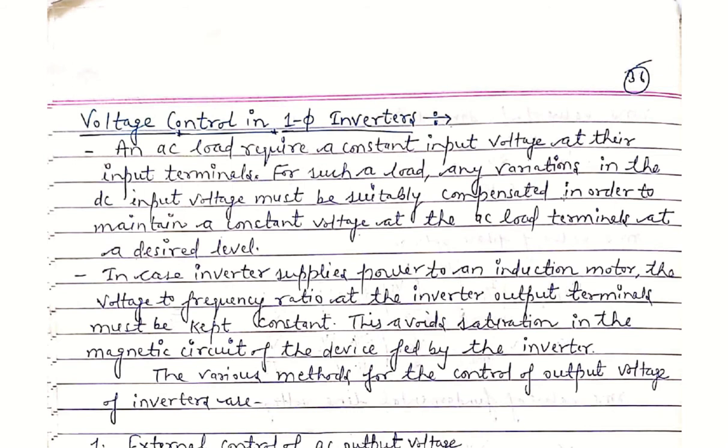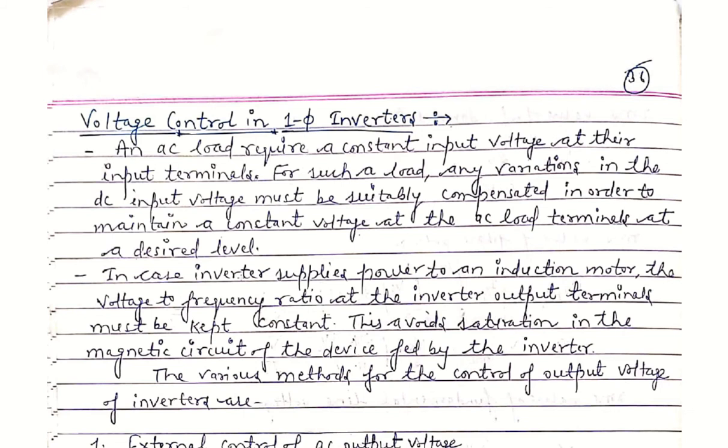For such a load, any variation in the DC input voltage must be suitably compensated in order to maintain a constant output voltage at the AC load terminals at the desired level. If the DC input voltage is not constant, then it will affect the AC output voltage with variable amplitude. It will be an unsafe condition for the equipment on the load side, which is AC in nature. So we will compensate this variation in the input DC voltage by applying various controllers.